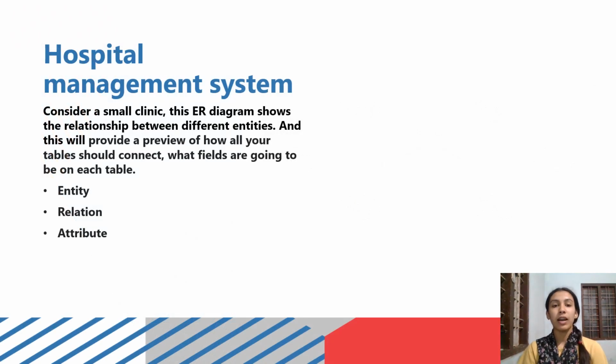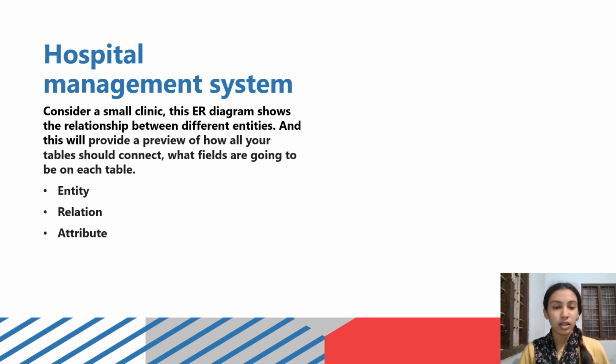I am going to implement the hospital management system using an ER diagram. We know the hospital management system is very vast. So consider this is a small clinic, and this ER diagram shows us the relationship between different entities. And this will provide a preview of how your tables should connect and what fields are going to be on each table. So in my system, there are three entities, which are the doctor, the patient, and the medicine.